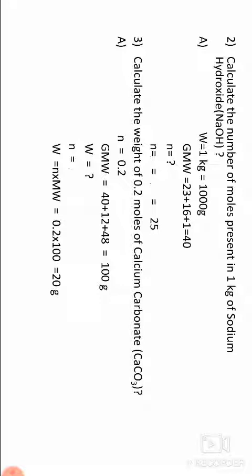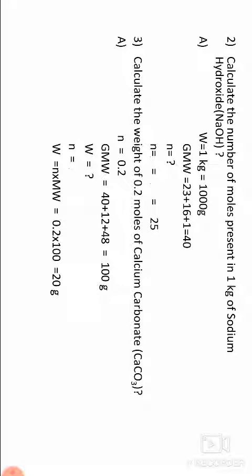which equals 25. Calculate the weight of 0.2 moles of calcium carbonate. In this problem, small n is given and the gram molecular weight equals 100. CaCO3 molecular weight is 100.